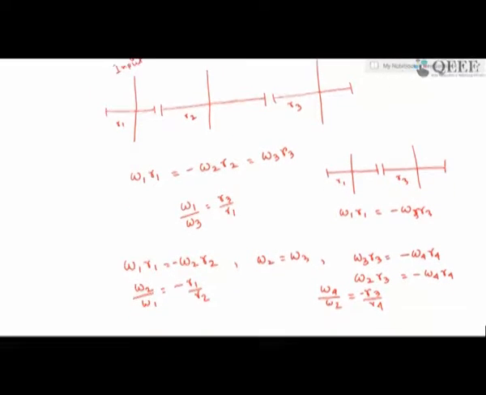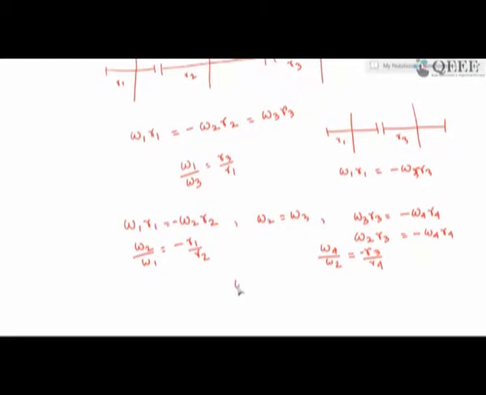So combining, if we now multiply these two, we get omega 4 by omega 1 is equal to R1 R3 divided by R2 R4.